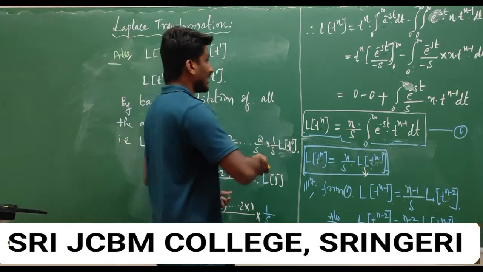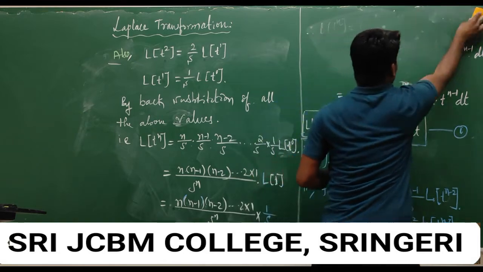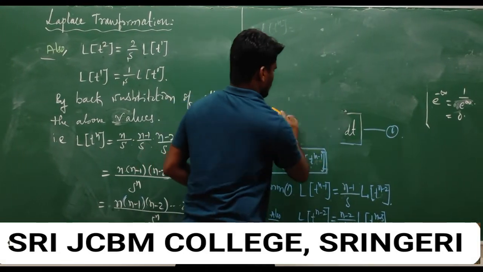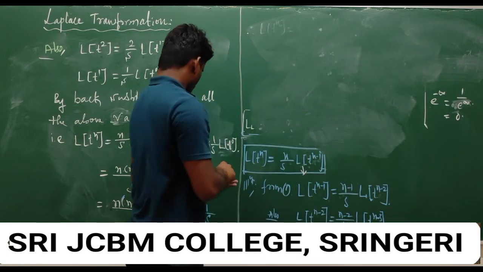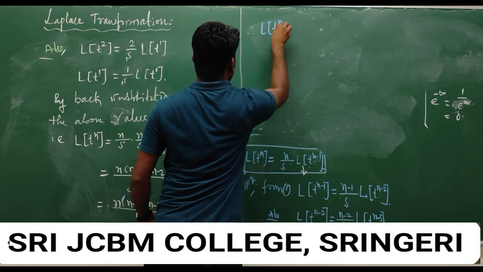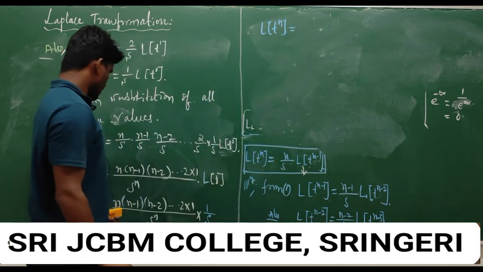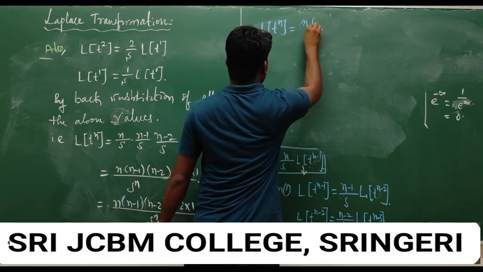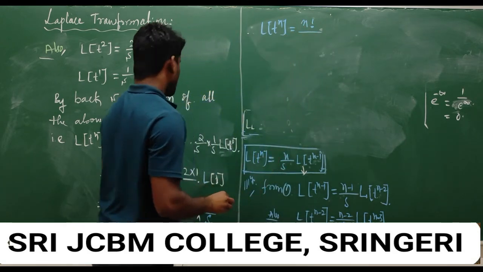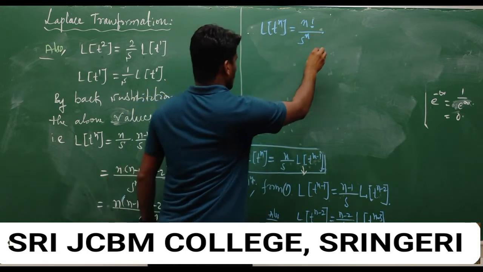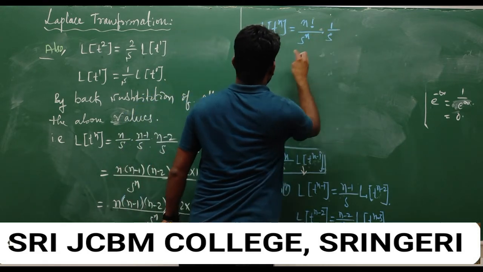So Laplace transform of t to the power n is equal to n factorial over s to the power n, into 1 over s.